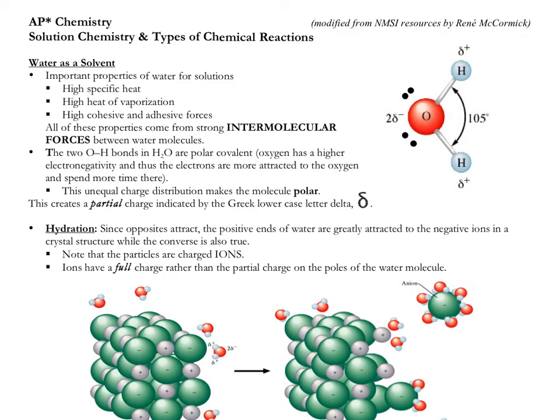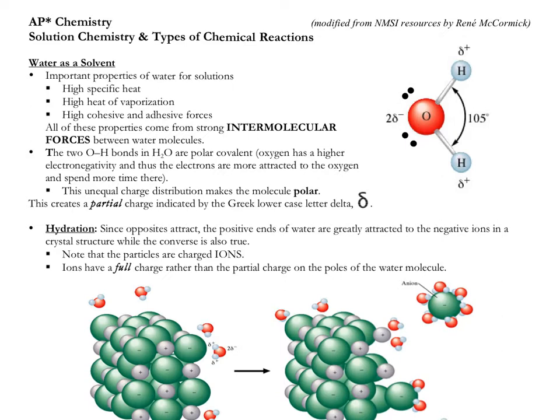So we're not talking about these electrons here, this set of dots that I'm circling, or this other set of dots. We're still talking about these shared electrons, and they are being pulled in one direction. They're being pulled towards oxygen, and that makes the molecule as a whole polar.